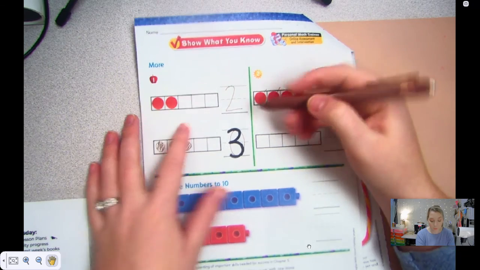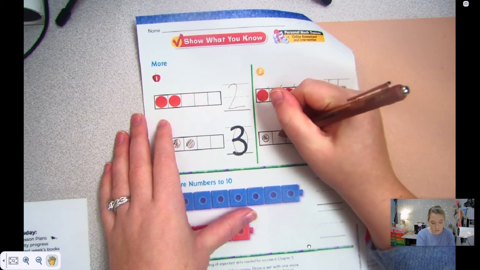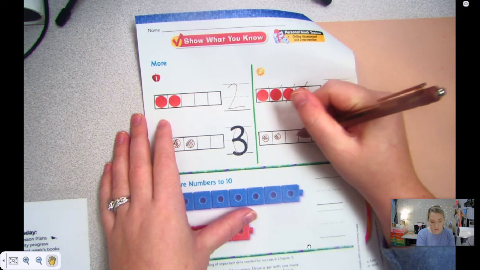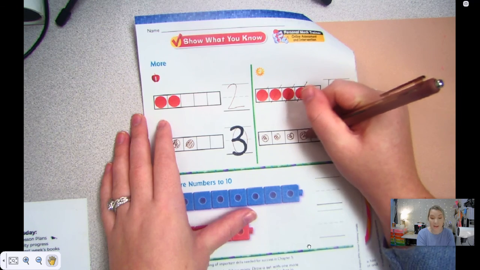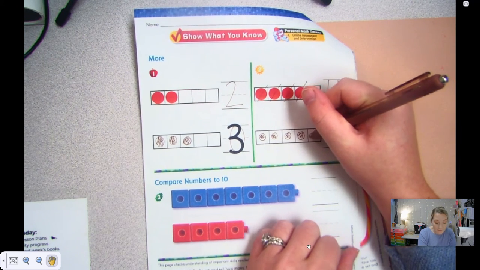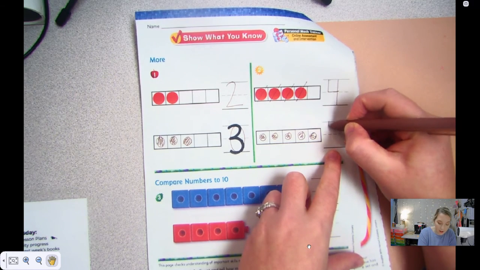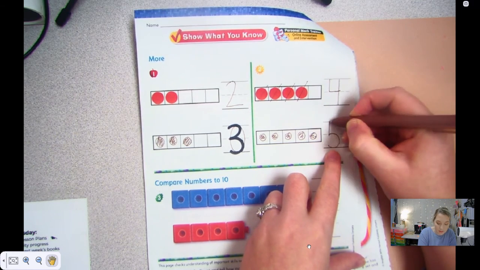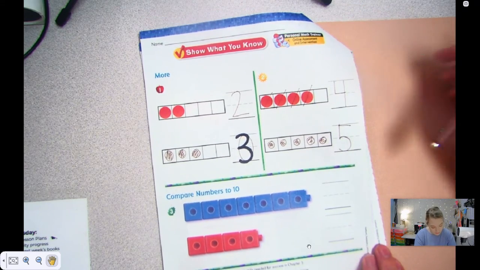So we're going to draw 4. 1, 2, 3, 4. Now we need to draw one more. 5. We have 5 counters, so we're going to draw 5 on the side. Okay, great job. Are you ready for the next one?